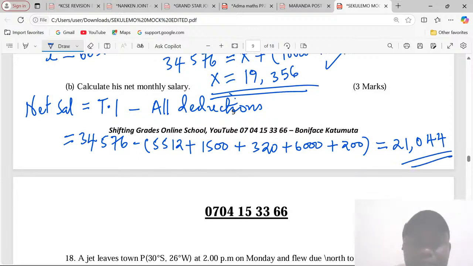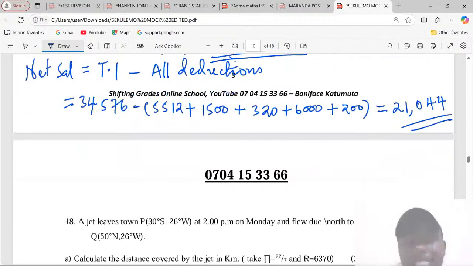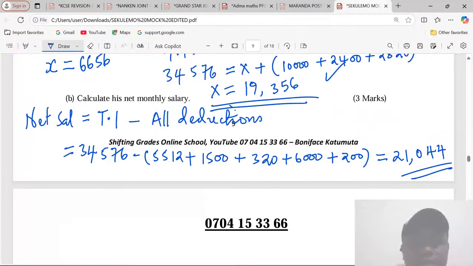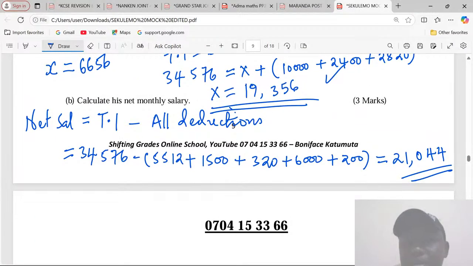So this is the net salary for Mr. Amisi. That is how we go about such a question, which is talking about back taxation.